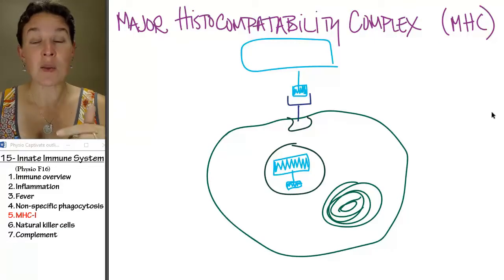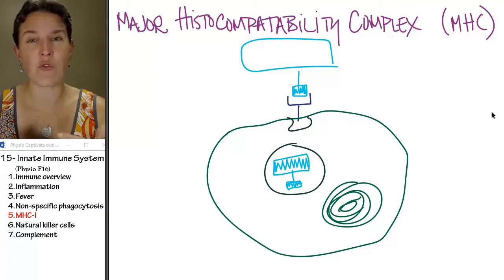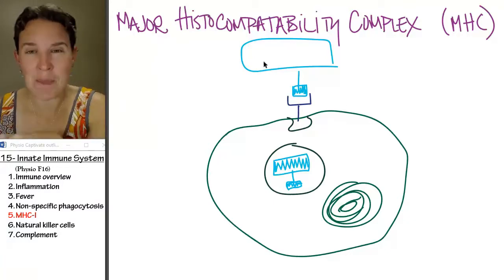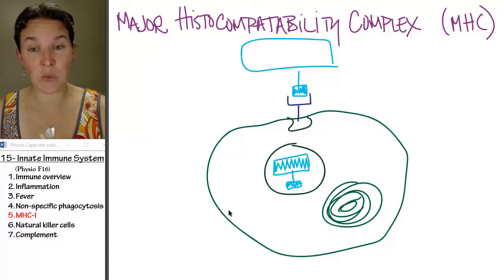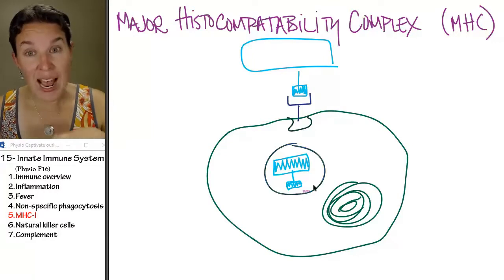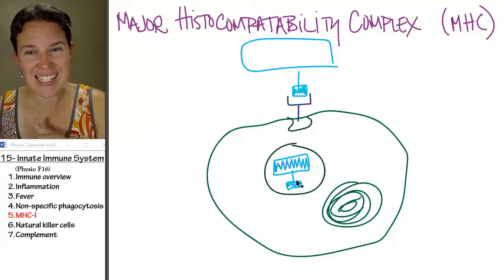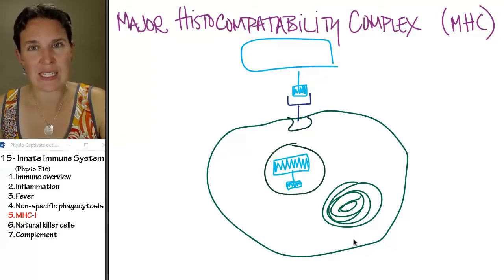So I want to talk about how the complex is actually formed. I brought back this picture that we just drew, because this was my nonspecific phagocyte, and you have this visual of how we could actually end up with my pathogen inside a vesicle inside this cell.